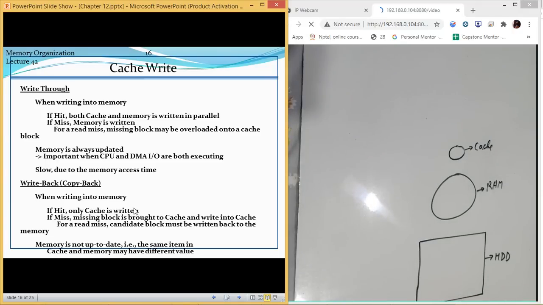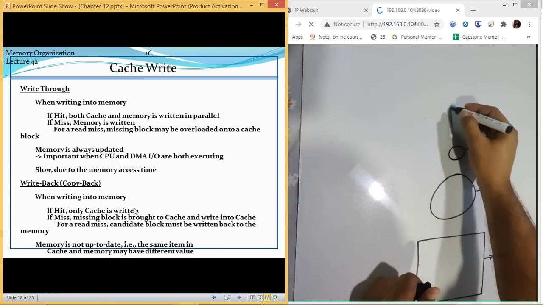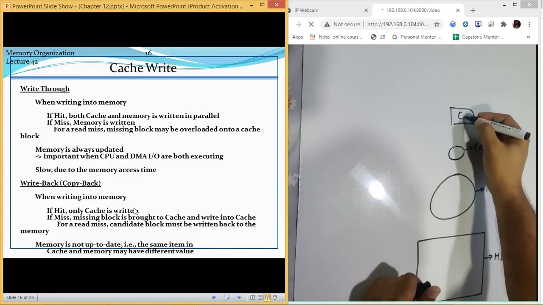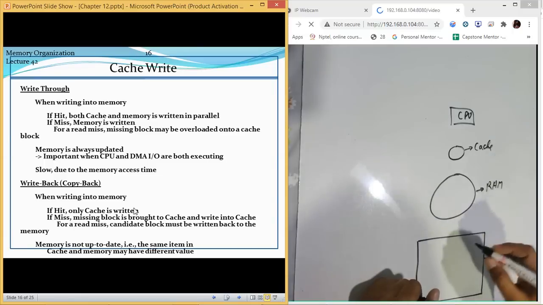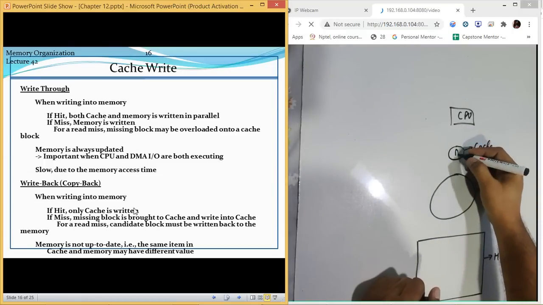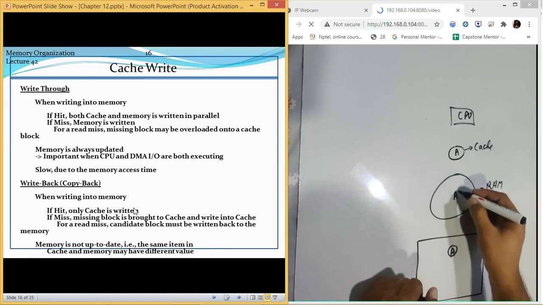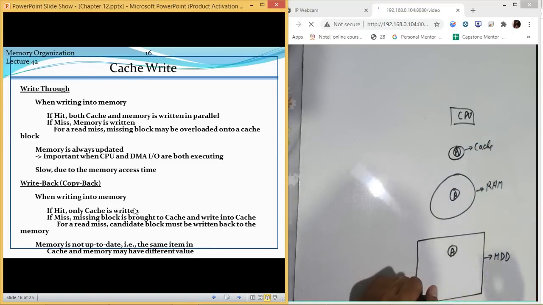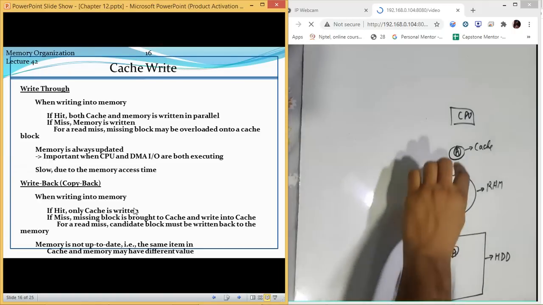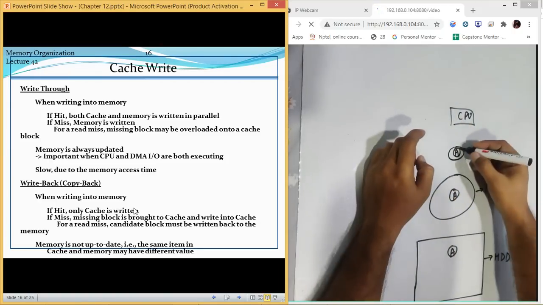Now, suppose we have a CPU at this place. Now CPU has got some data, and that data was A. Now that data should be present with all, because it should be present in RAM, it should be present in cache. Then CPU started processing or fetched the data.